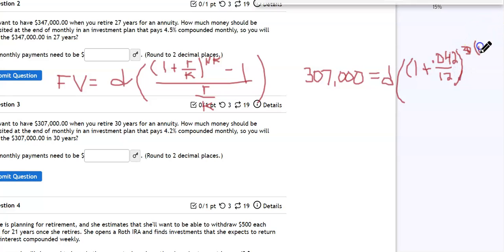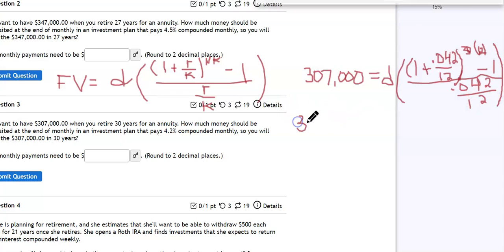Times 12, minus 1, all over R, 0.042, over K, 12. And I'm going to go off the page to put my parenthesis over there. There we go.